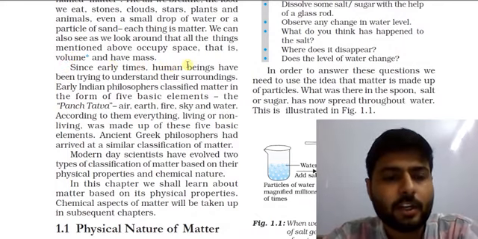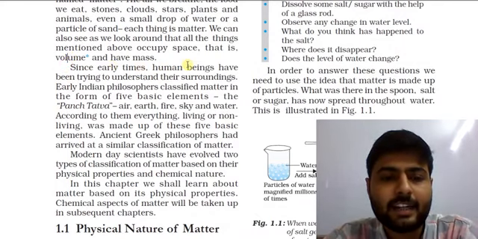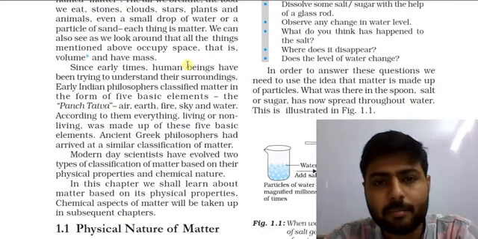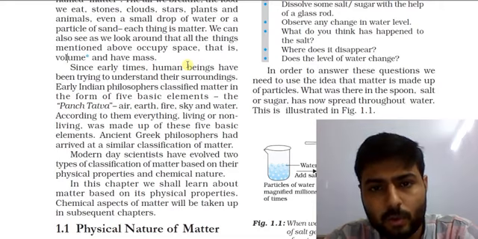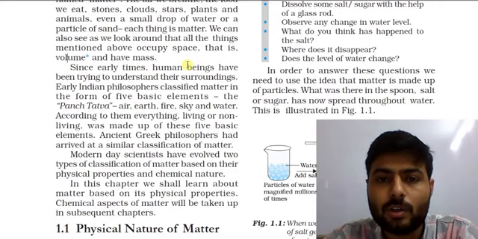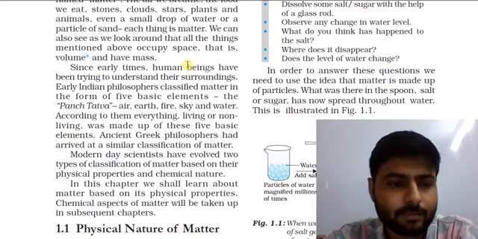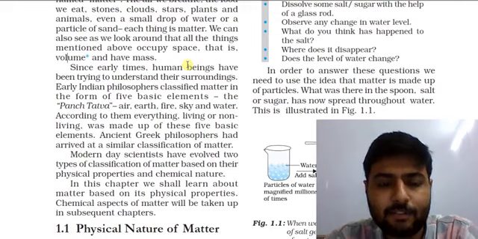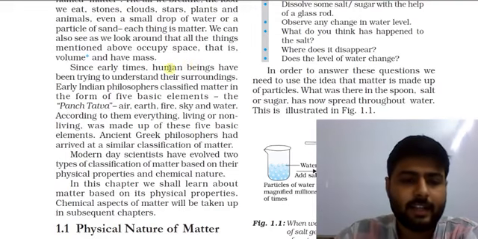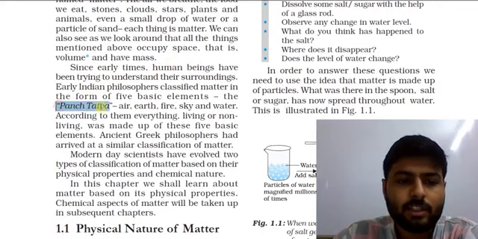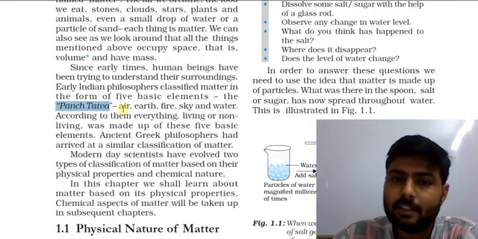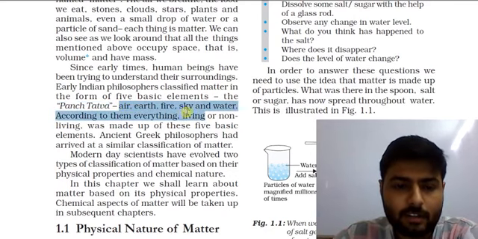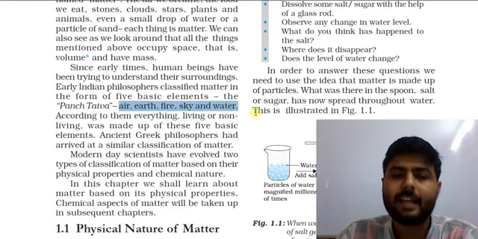Since early times, human beings have been trying to understand their surroundings. Thousands of years ago also, we were trying to understand our surroundings. Early Indian philosophers classified matter in the form of 5 basic elements, and we call it Panch Tattva. What is that Panch Tattva? 5 elements: air, earth, fire, sky and water.